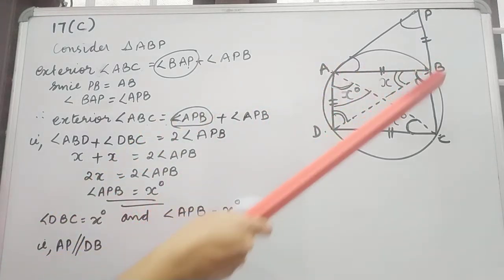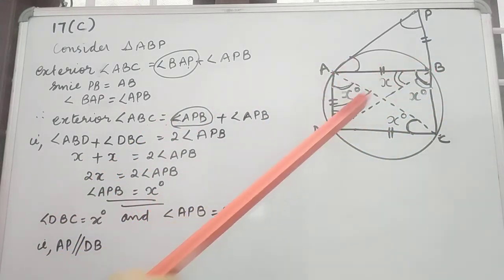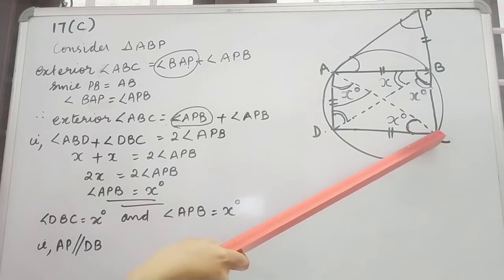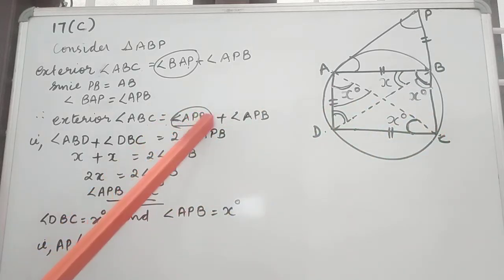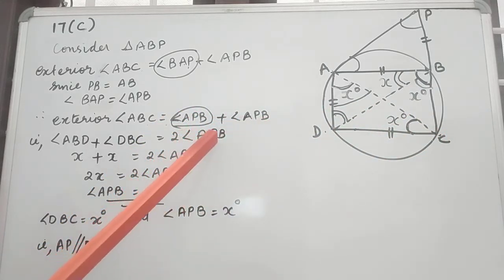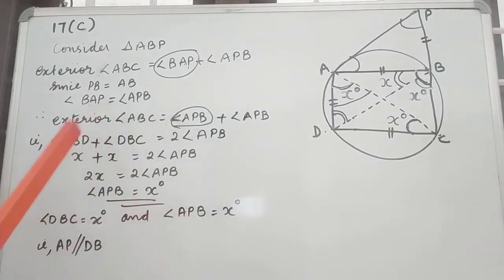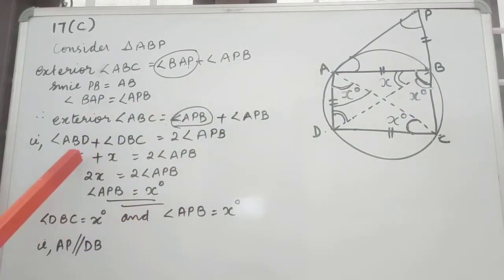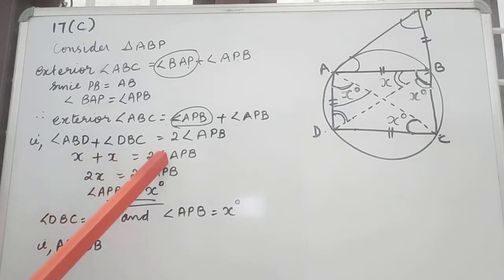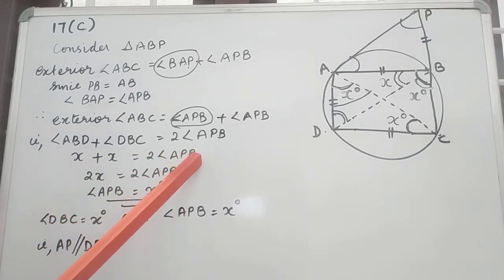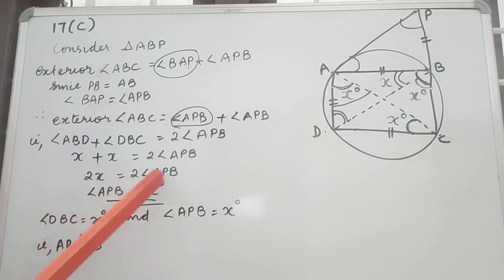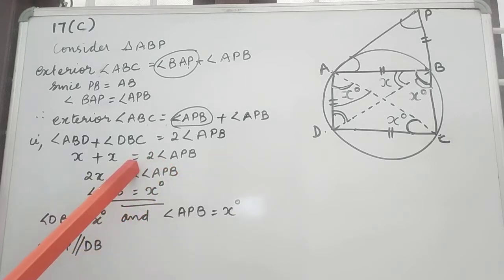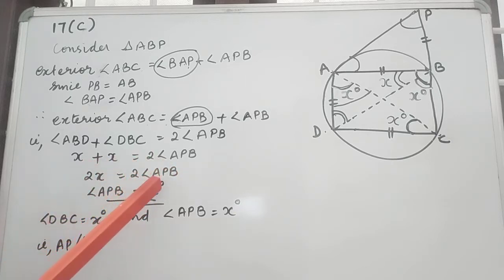We can split that angle into two angles, ABD and DBC, which is equal to APB plus APB, that is, 2 angle APB. ABD we know is X, and this also is X. So X plus X is equal to 2 angle APB. So 2X is equal to 2 angle APB. We can cancel 2, so angle APB is X degree. That is our second part.